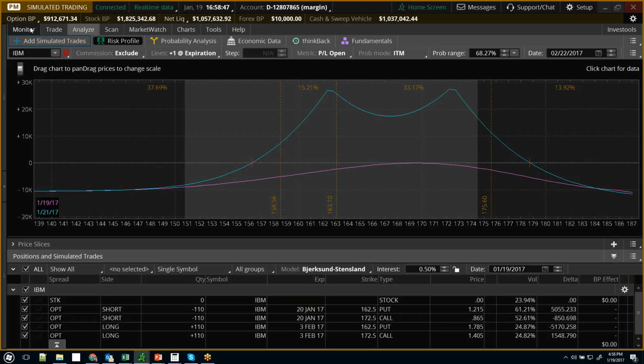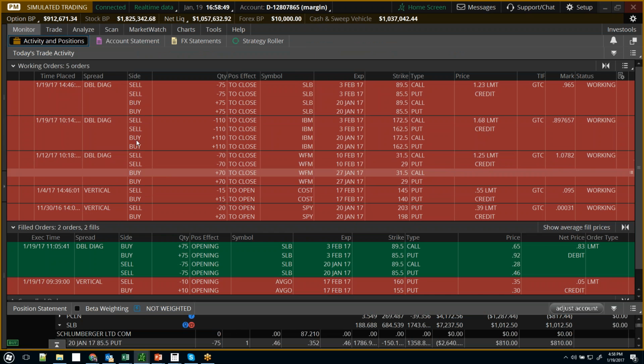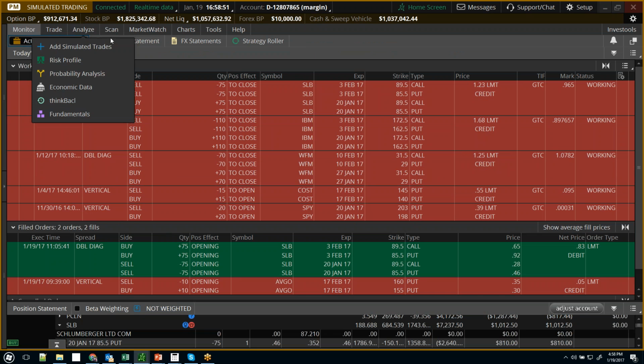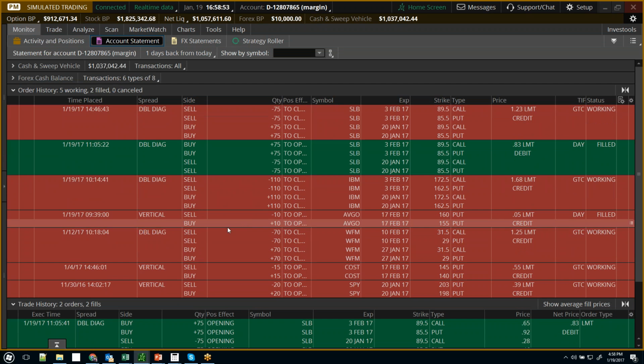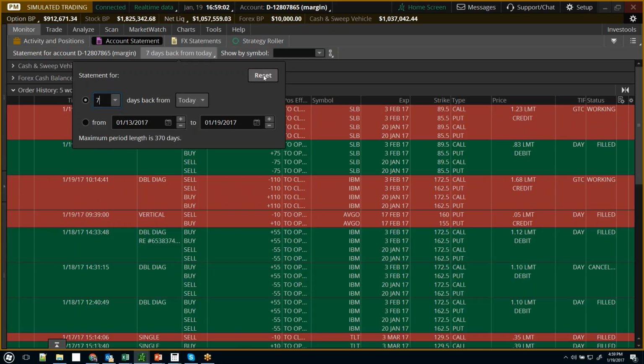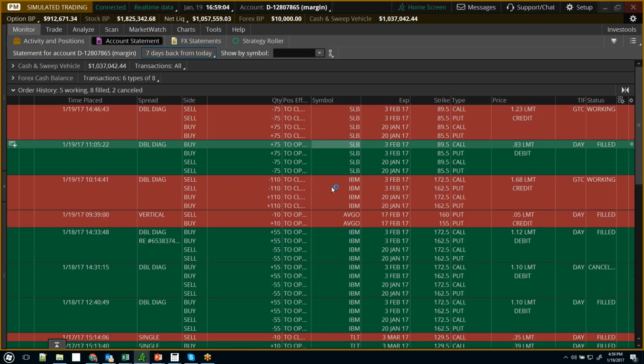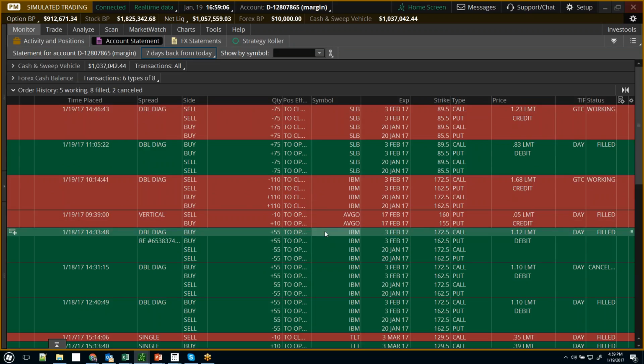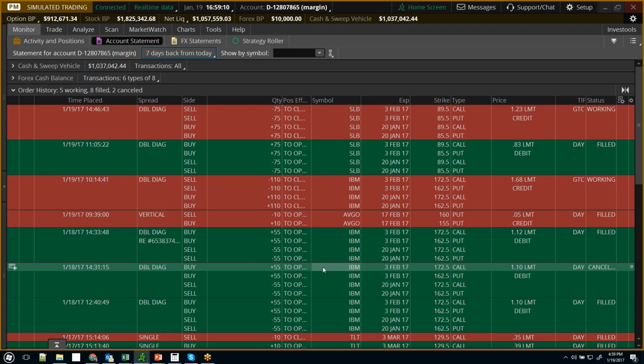I believe I got into this trade for, hold on, what was it? $1.10.